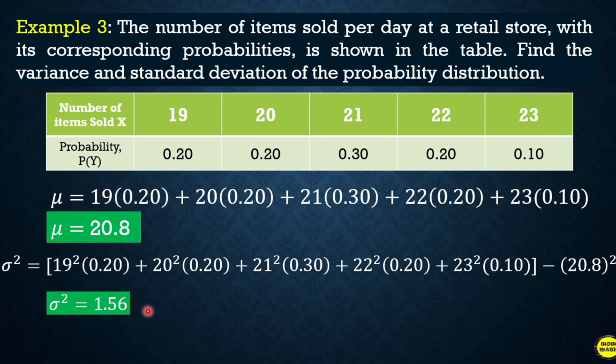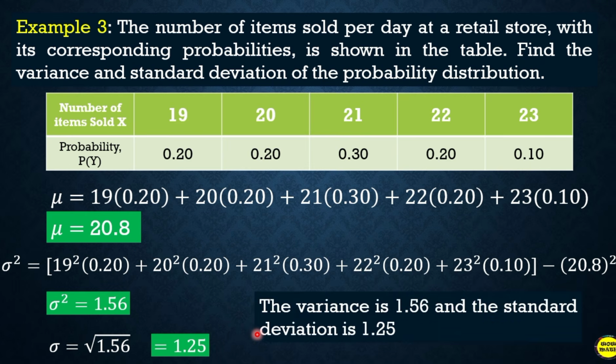Pwede nyo i-double check yung sagot natin. And then, yung standard deviation natin is the square root of 1.56. So, get nyo lang yung square root ng 1.56 and that is equal to 1.25. So, again, yung variance natin dito ay 1.56. Tapos, yung standard deviation natin is 1.25.